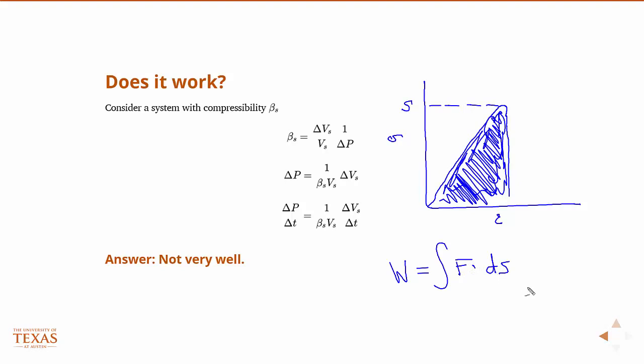So in this case, it's actually a work per volume or an energy density, but it's the same idea. It's the integral of stress over strain, so the area under the stress-strain curve. This is the toughness of the material, and the material's toughness is directly related to how well it absorbs energy, or another way to say that is how well it resists fracture.